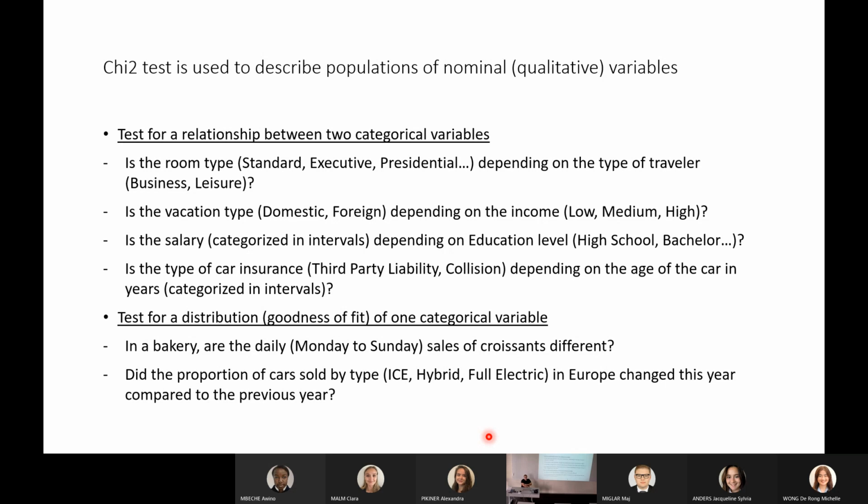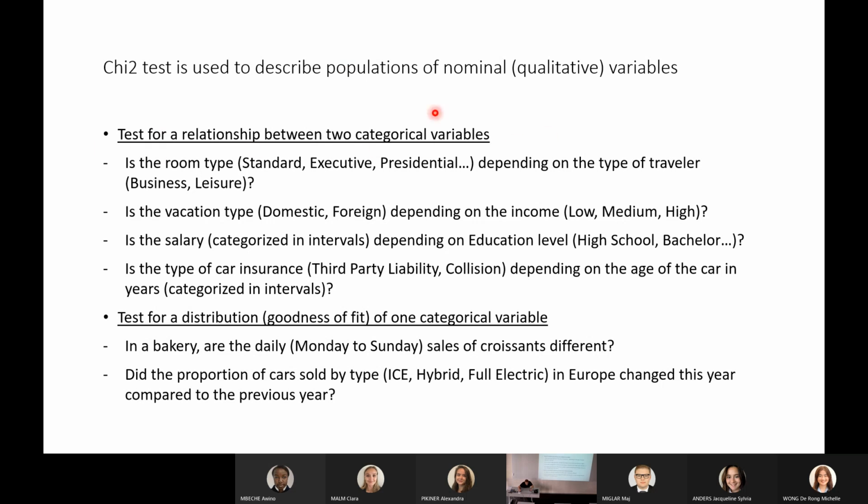Okay, and we came to our last topic. As I said, today is not a long session because we are just doing the chapters which are new. So the chi-square test: we have two options, right? We will always use it to describe a population of a nominal variable, so a qualitative, categorical variable, if that rings a bell for you.